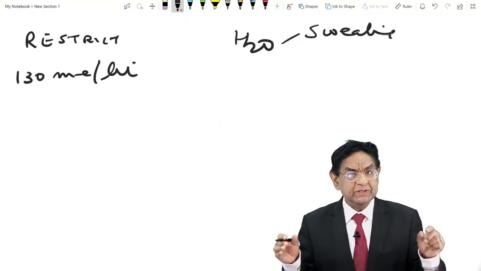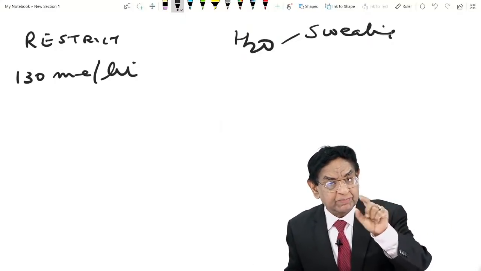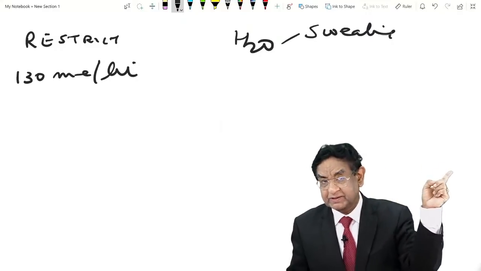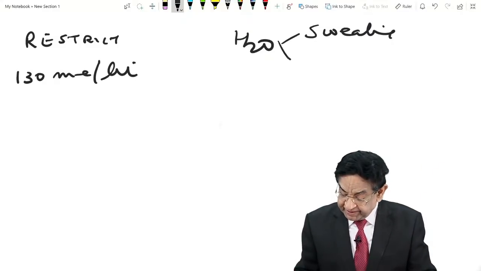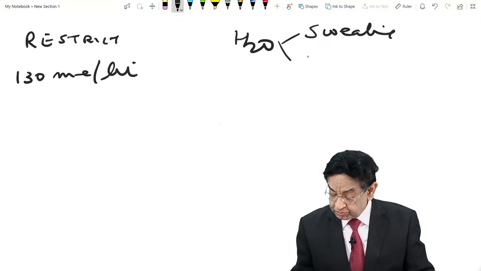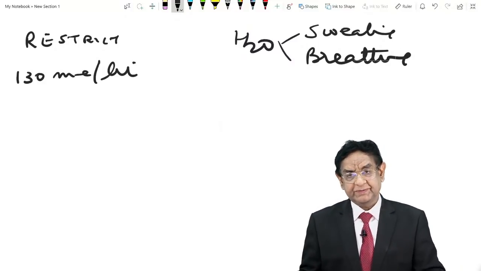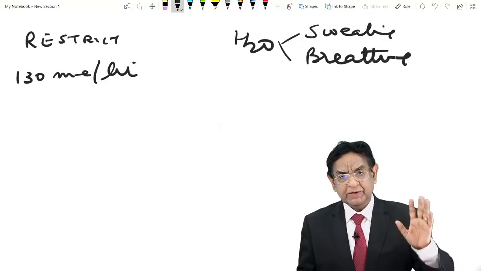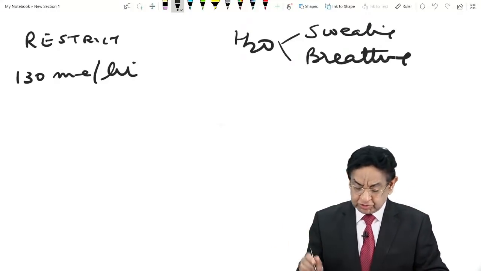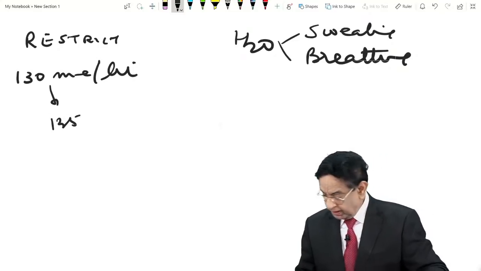But still we are losing a little amount by sweating, though not very high as compared to summer. But we are definitely losing water via talking also, via breathing also. We lose some amount of water. So pure water goes out, and the sodium will automatically come back to normal.